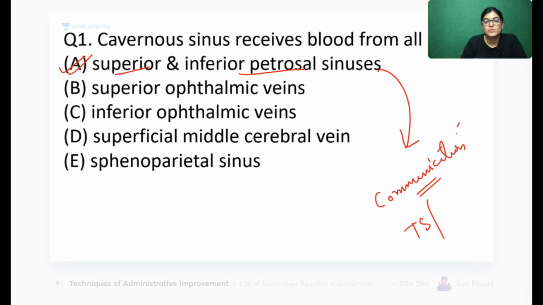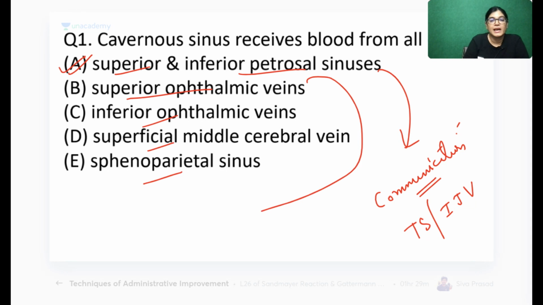It is communicating with the transverse sinus and the internal jugular vein. If you talk about the other options, like superior ophthalmic vein, inferior ophthalmic vein, superficial middle cerebral vein, and sphenoparietal sinus, they are direct tributaries of the cavernous sinus.